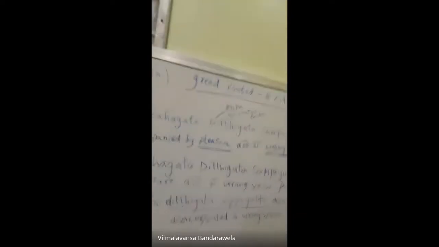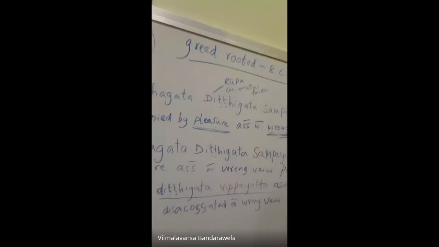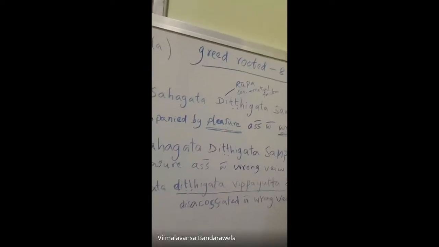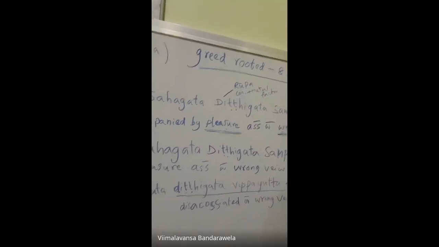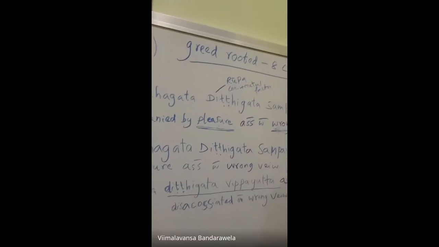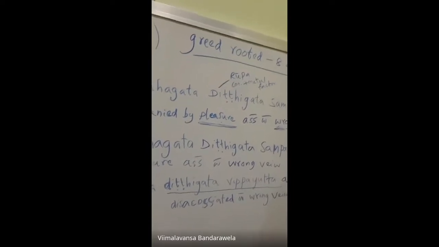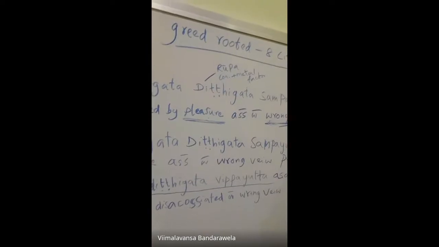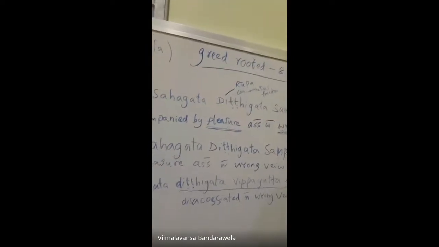And asankarika means unprompted. This is the third chitta in the Kamavachara world.